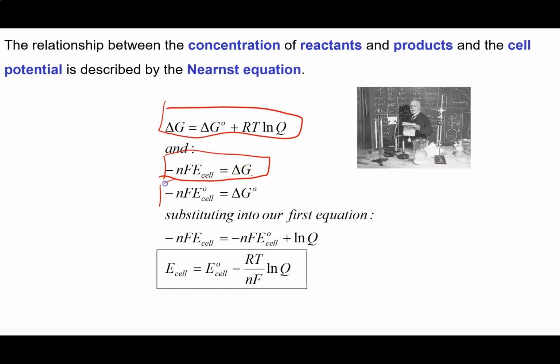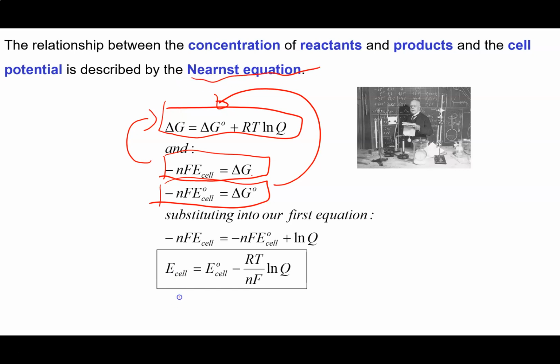And of course, the standard cell potential would be related to the standard Gibbs free energy change for our reaction. So I'm going to substitute these expressions into our equation for the Gibbs free energy change under non-standard conditions and develop a new equation which is referred to as the Nernst equation.